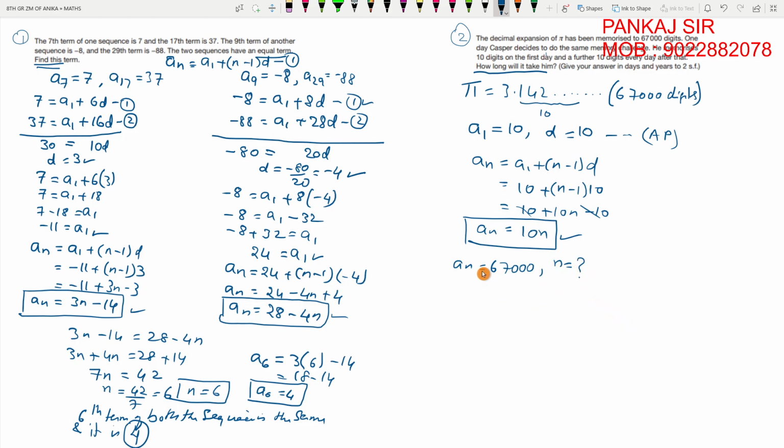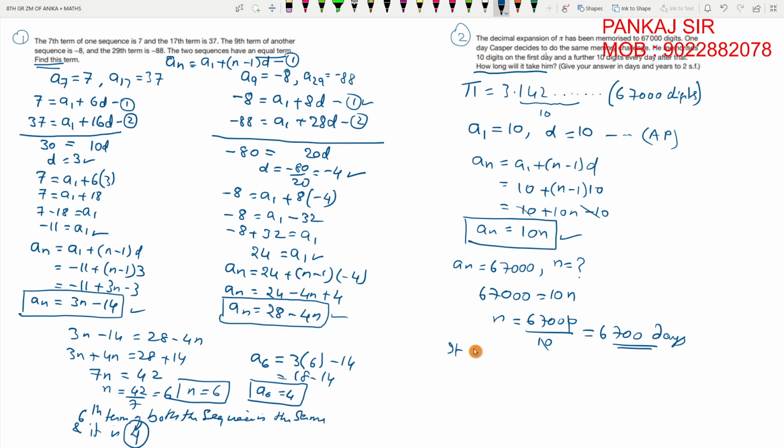If you plug in this value, 67,000 is equal to 10 times n. So n will be equal to 67,000 divided by 10, which will give you 6,700, and this is nothing but days.